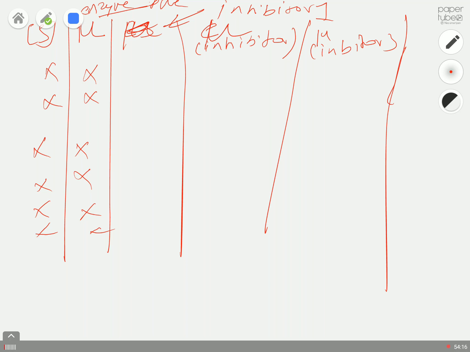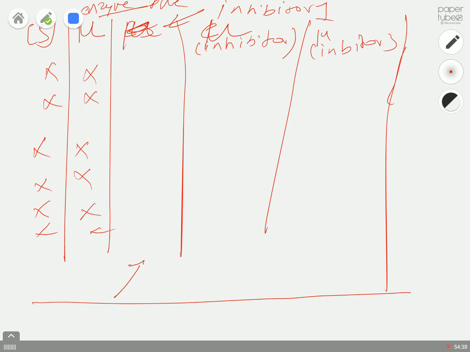If I ask you whether inhibitor 1 is competitive, uncompetitive or non-competitive, you have to tell me what type of inhibitor it is. So how to identify what type of inhibitor.